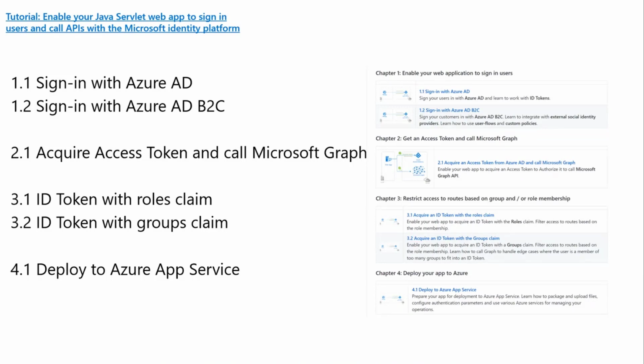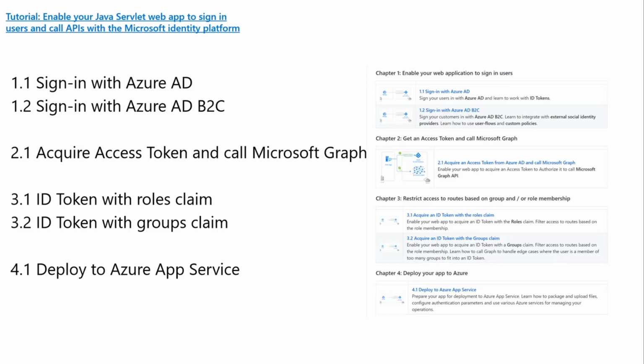So the different scenarios we have covered today: the sign-in scenario, signing in from a web application using Azure AD or Azure AD B2C; acquiring access tokens to get authorized access to call the Microsoft Graph API; then signing in users and restricting their access to specific roles or group claims which come in the token.